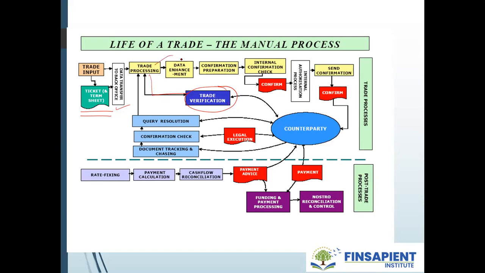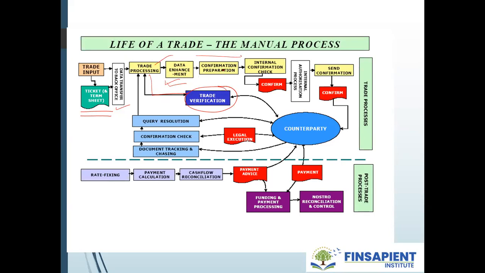As the trade verification is done and the trade processing is confirmed, the data enhancement is done just to clean up the data or provide the different security ID, and check the consistency of the data that is provided in the file. So trade enhancement, data enhancement is done. A confirmation document is prepared, because that confirmation requires a second check.